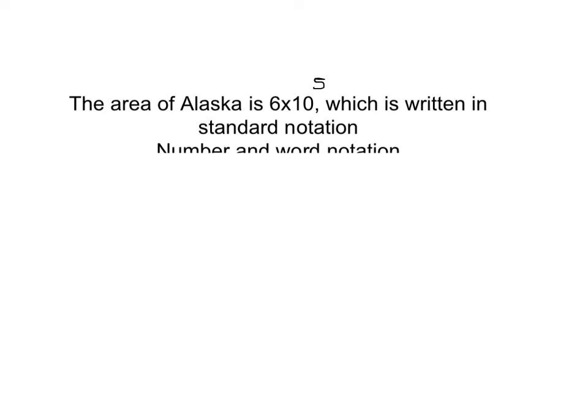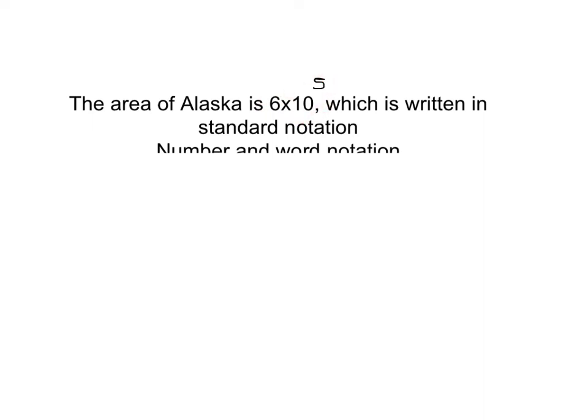Now, just taking a look, another example of something. The area of Alaska, we're going to be talking about square miles here, is 6 times 10 to the 5th power. How is 6 times 10 to the 5th power written right now? If you said scientific notation, you are correct, because we have a factor of a number and we're multiplying it by a power of 10.